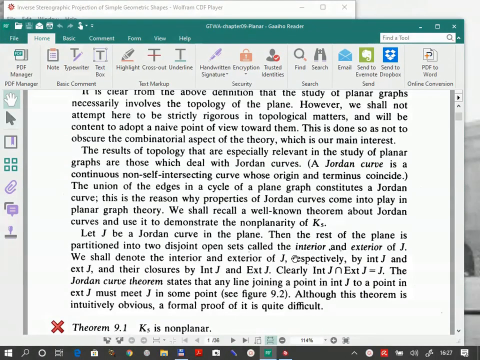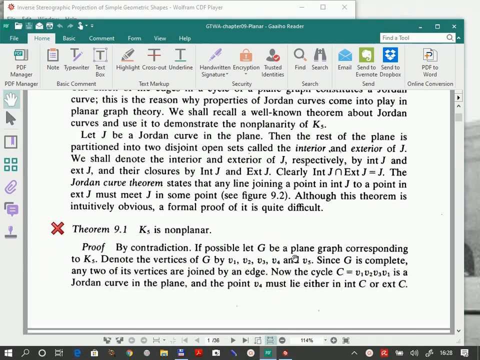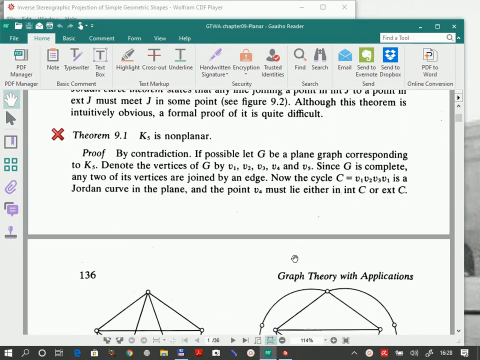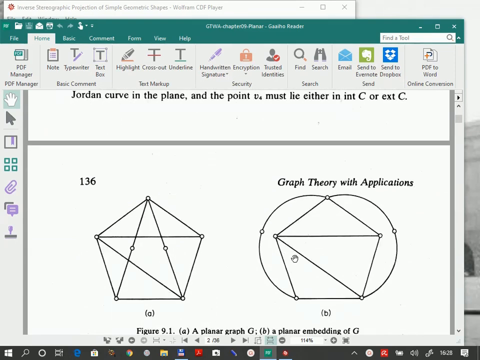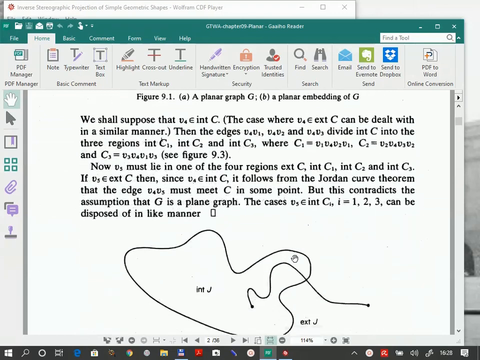But when you have a very massive theory, it's simple in a big theory, or it's difficult in an elementary theory. All right. Interior and exterior. You can use that for showing that K5, do you remember K5, the complete graph with 5 vertices, is non-planar?